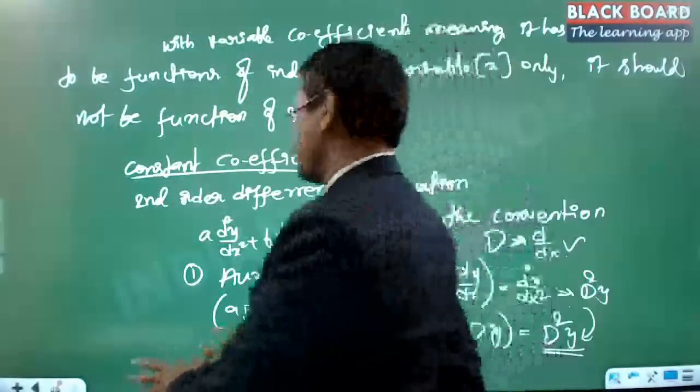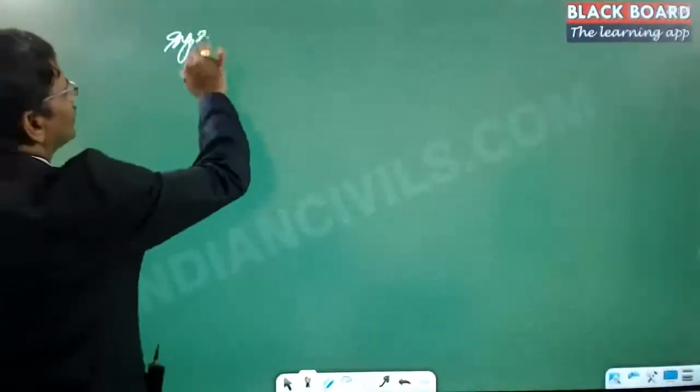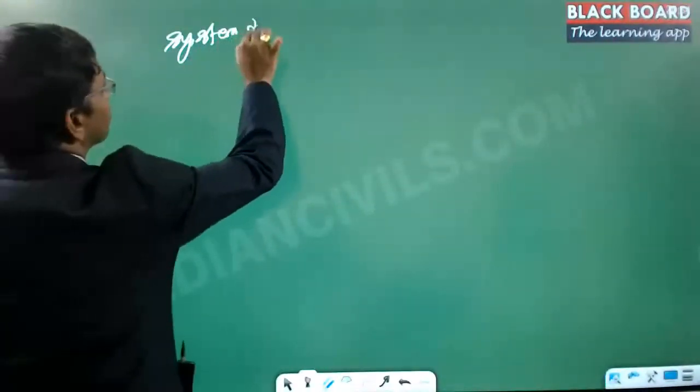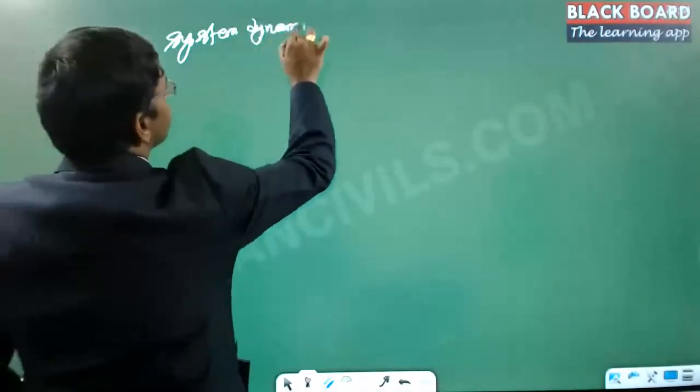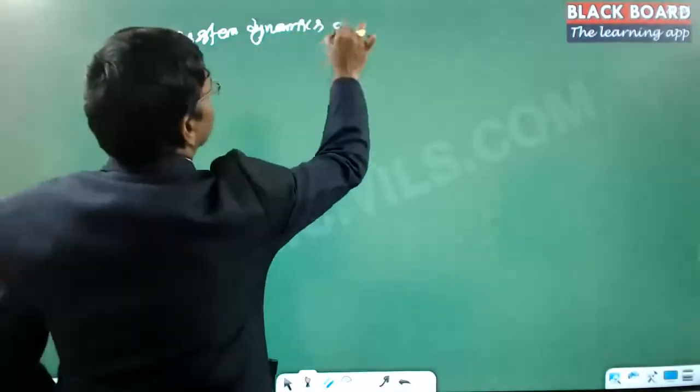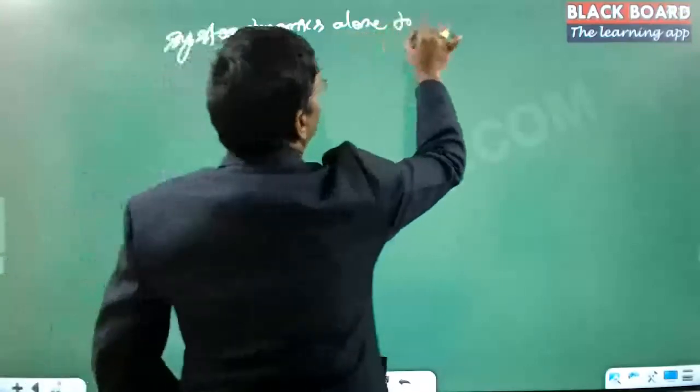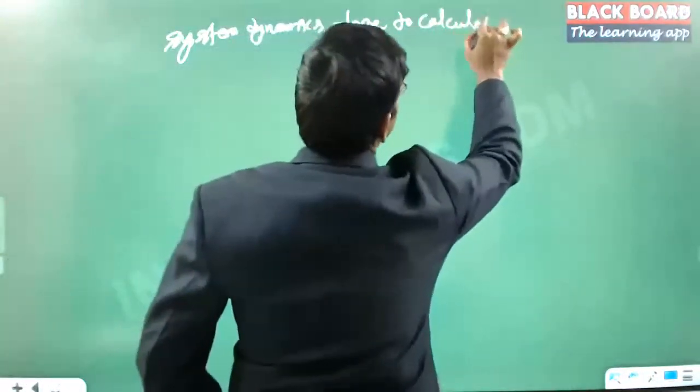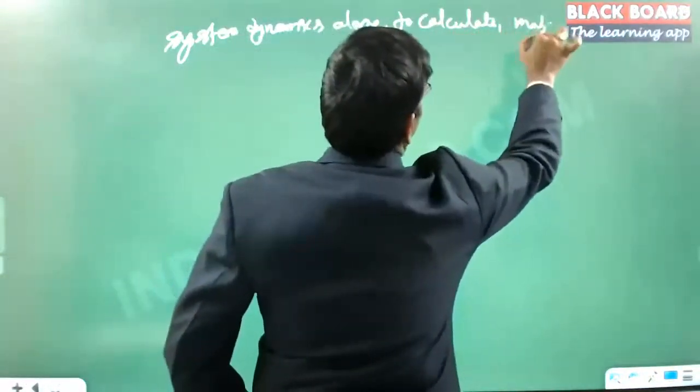Now what we have to do: first we take only the system dynamics alone, that is the complementary function, alone to calculate. Make the source function 0.